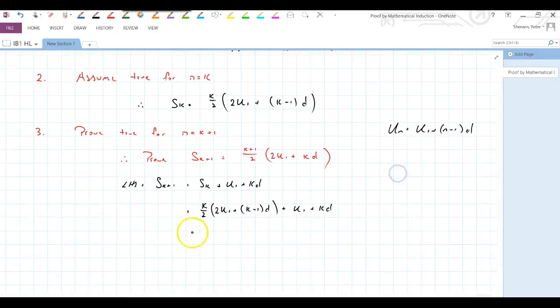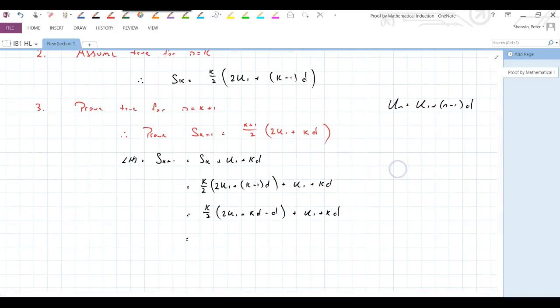Okay, so what we're going to aim to do now is to rewrite this so it looks exactly like the right-hand side. So the best thing to do here is probably to expand this first, so we get k over 2 times (u1 plus kd minus d plus u1 plus kd).